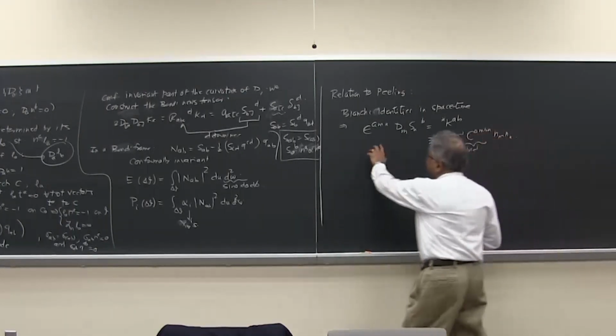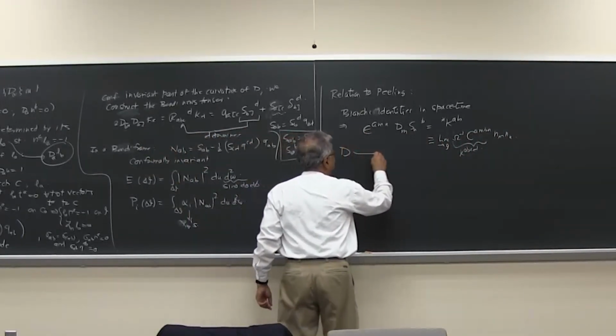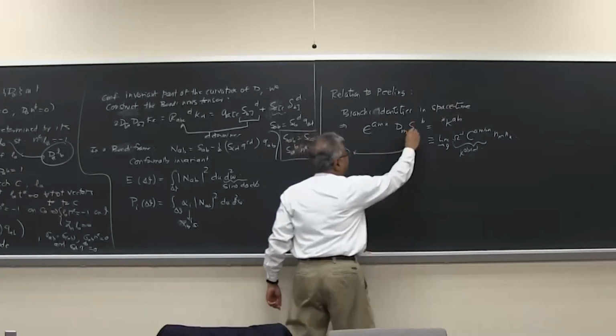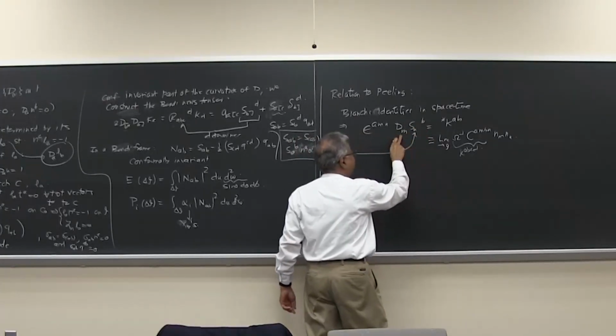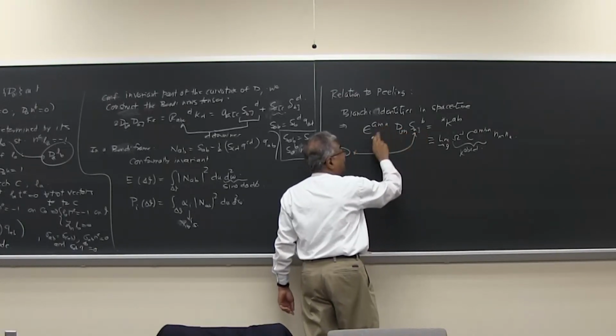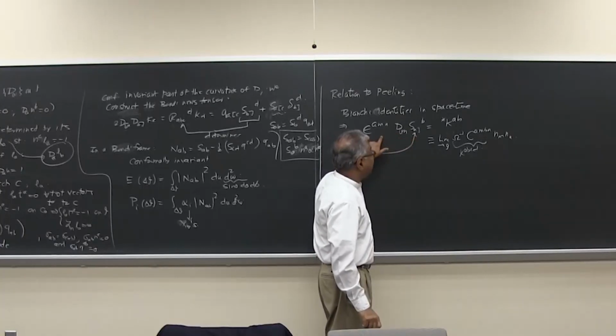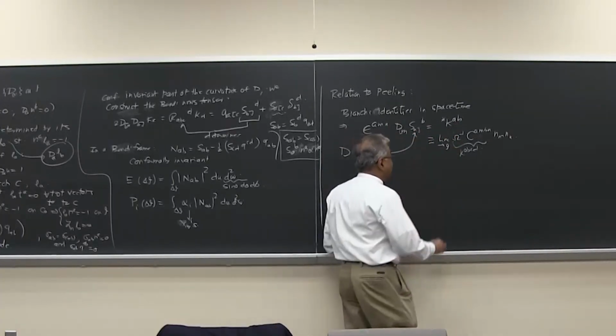So the statement is that this derivative operator determines this tensor S up here, and the curvature of the derivative operator. If I take another derivative, and this is automatically skew because of the epsilon up here, then this particular combination determines some components of the Weyl tensor. What are these components?